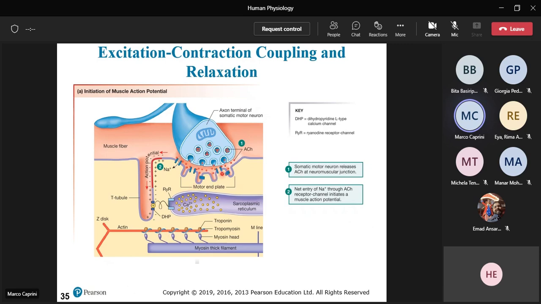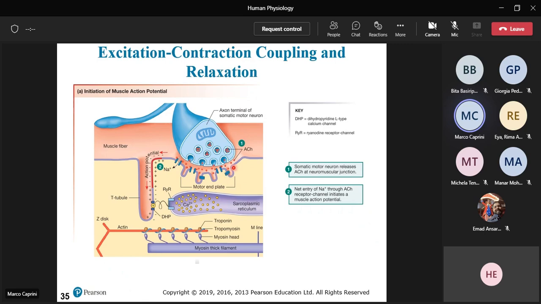this type of synapse is always excitatory, always, because the acetylcholine in the neuromuscular junction always binds to nicotinic receptors, and they are always excitatory. Sometimes some of your colleagues say that maybe if we have GABAergic receptors here, I can produce an inhibition of the muscle.